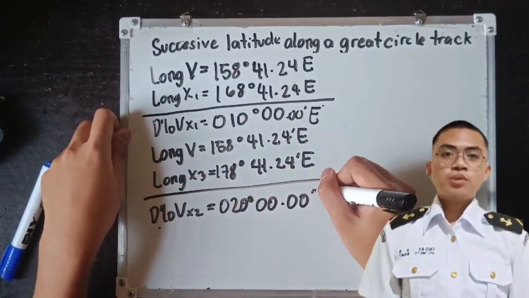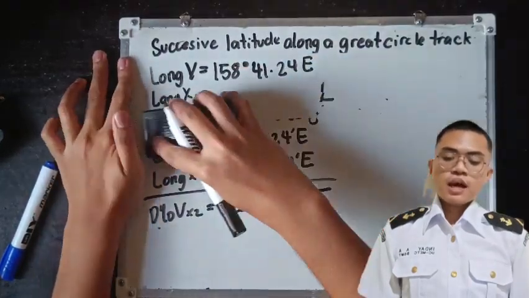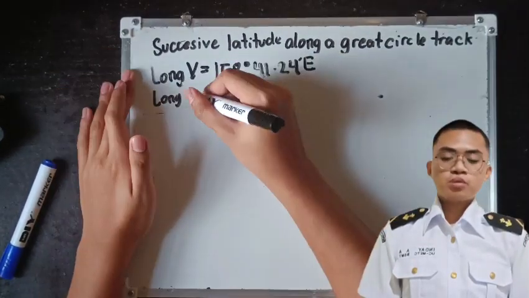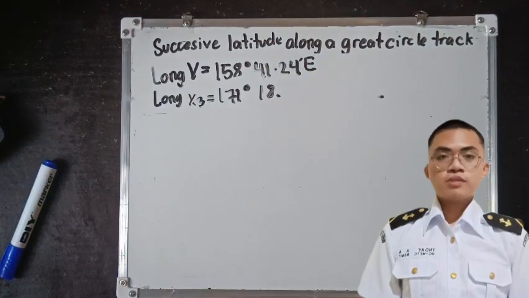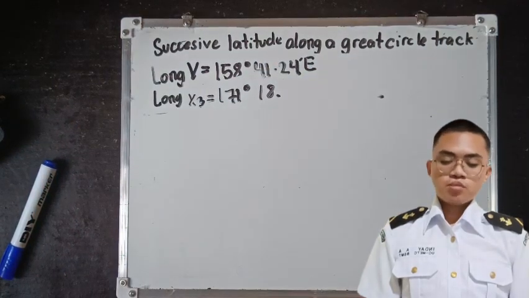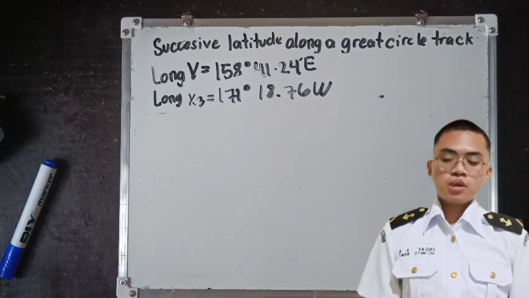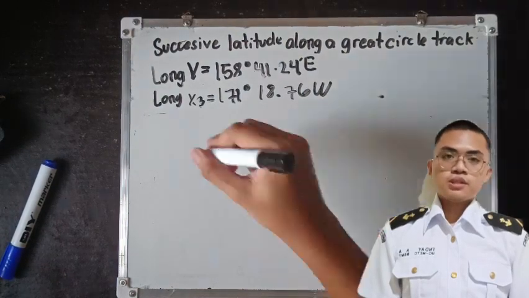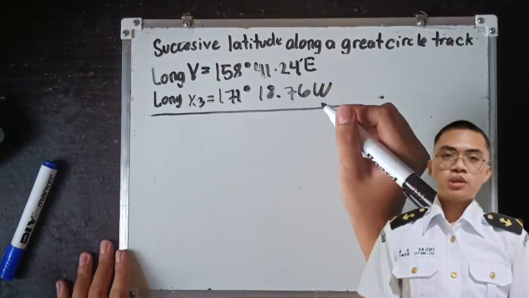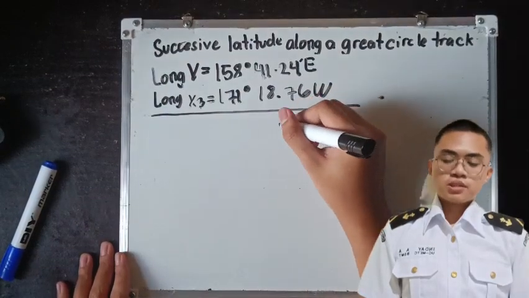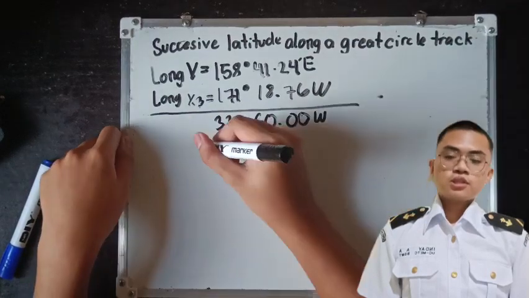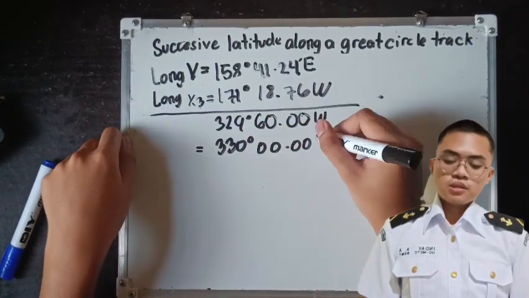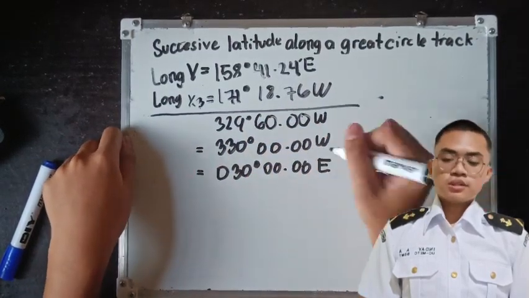And the last dlo was obtained by adding 158 degrees 41.24 minutes east to 171 degrees 18.76 minutes west. This will be equal to 330 degrees. Since it is past 180 degrees, we must subtract it from 360. The final answer is 30 degrees east.